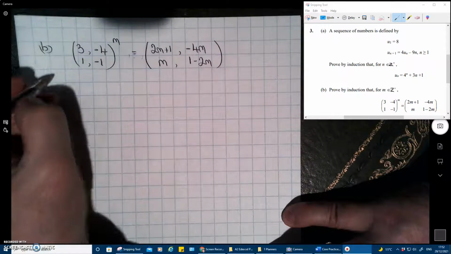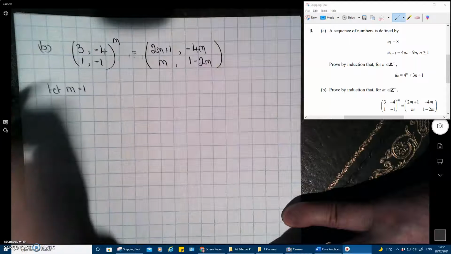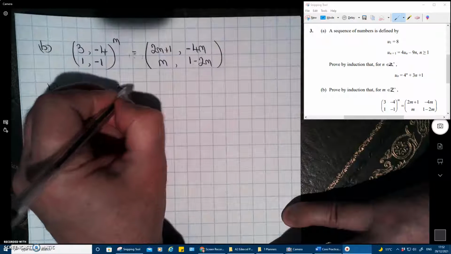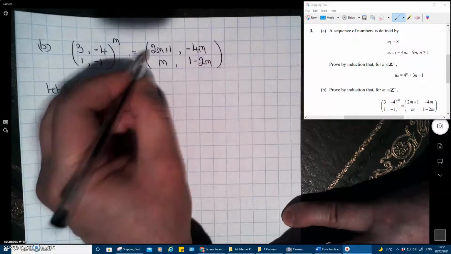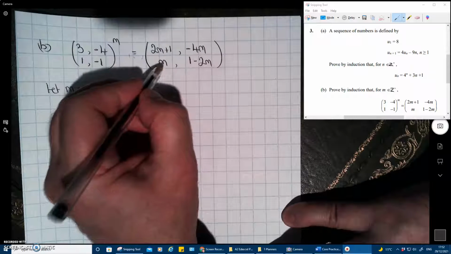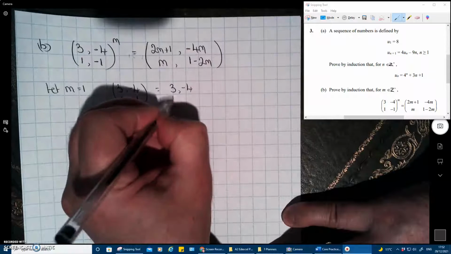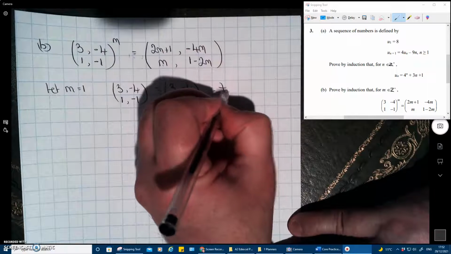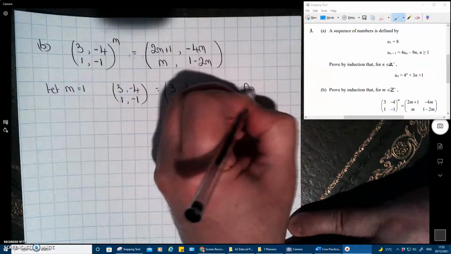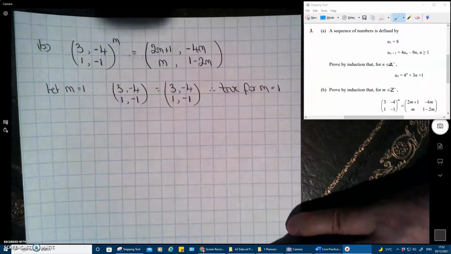Okay, so we let m equal 1, then we get 3 minus 4, 1 minus 1 equals, put 1 in, 2 times 1 add 1, 1 and so on. We get 3 minus 4, 1 minus 1. Therefore, true for m equals 1. Okay, so we established it works for 1.